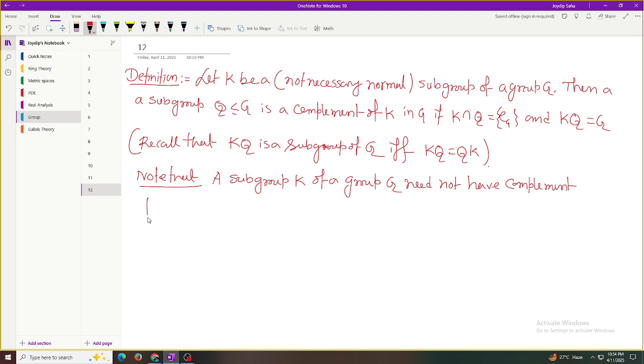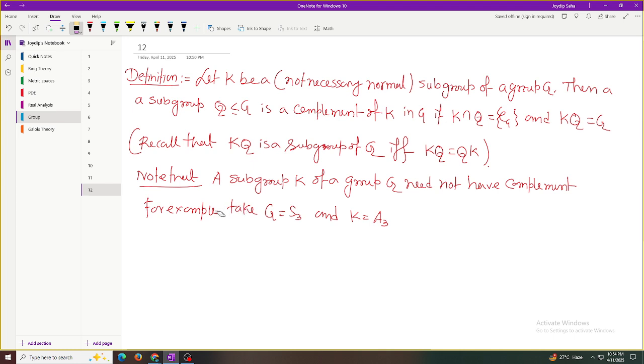For example, take G equals S3 and K equals A3. No, it need not have a complement.